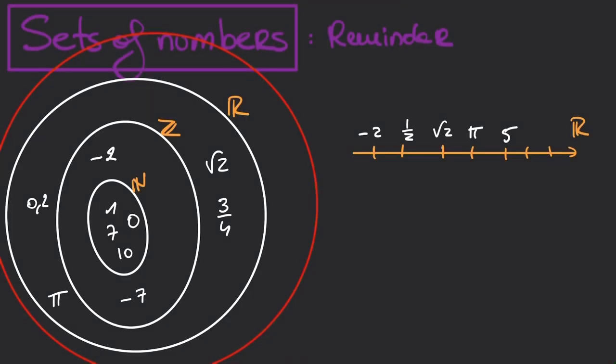So I extended the number system, and we are going to call this new very big set the complex numbers. And what I want you to realize directly is that every real number is also a complex number, but not all complex numbers are real, and this is what we are going to see now.